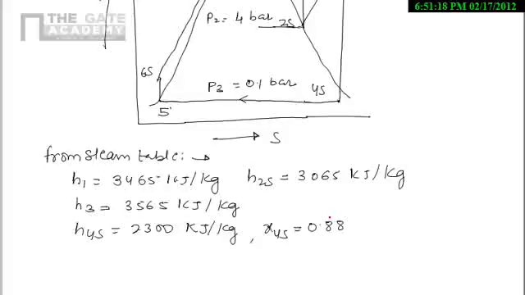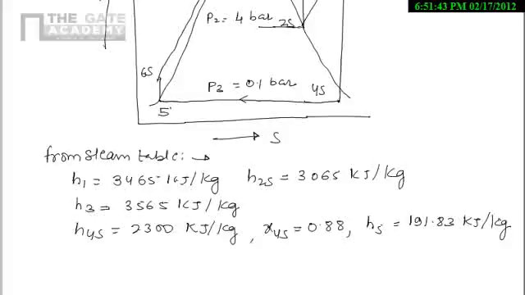So by equating the entropy you can easily get the quality of steam at 4s point, and H5 here from steam table, that is 191.83 kilojoule per kg.